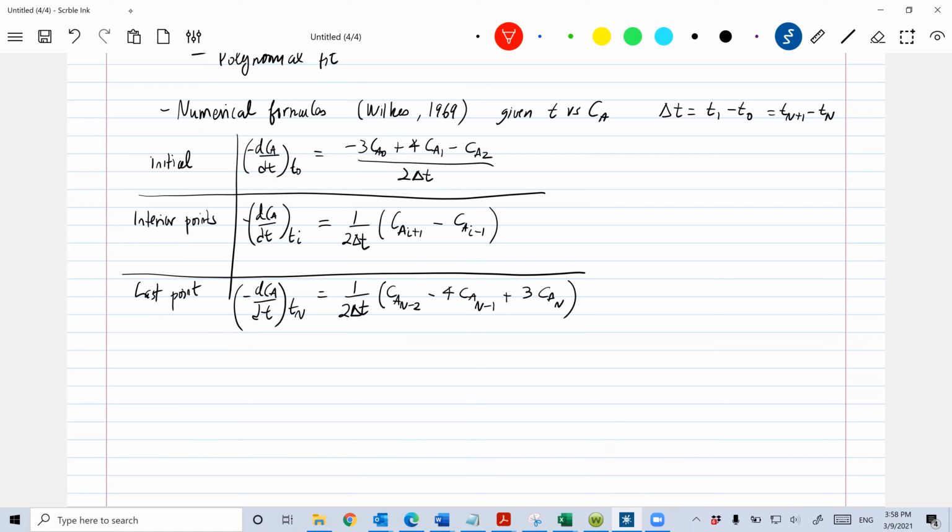There's an alternative, which is simpler but less accurate. It's covered in the book.